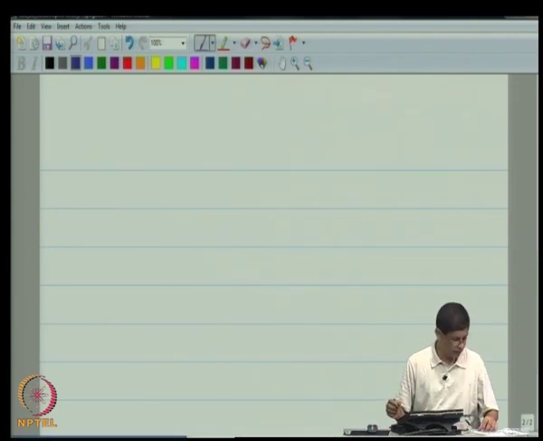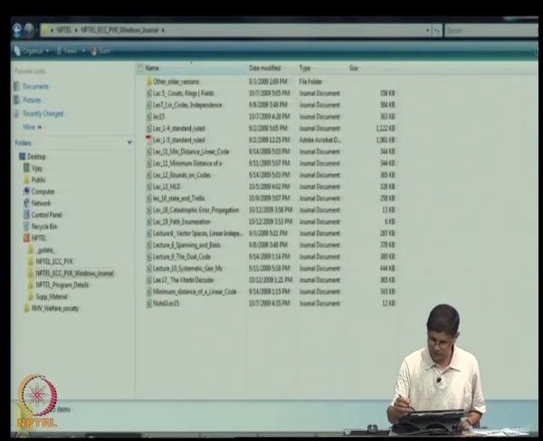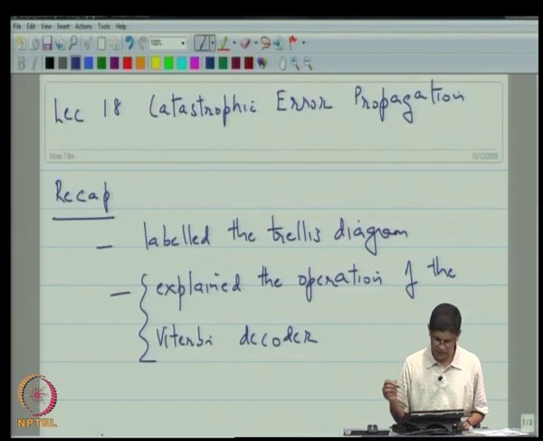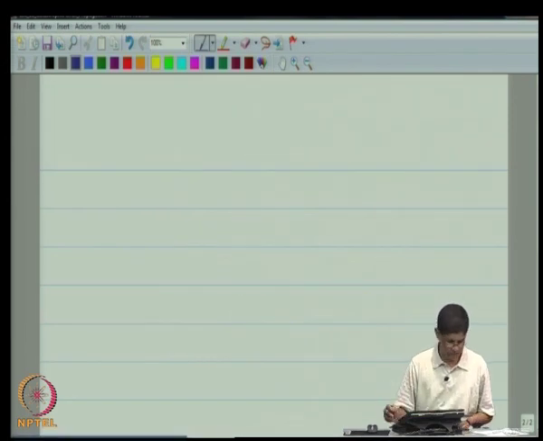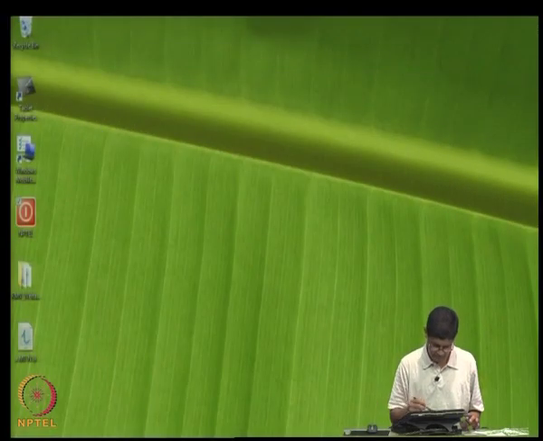So, today, before I start our main topic, which is this catastrophic error propagation, what I would like to do is just make one point about last time's Viterbi trellis. So, let us just go back once to that.